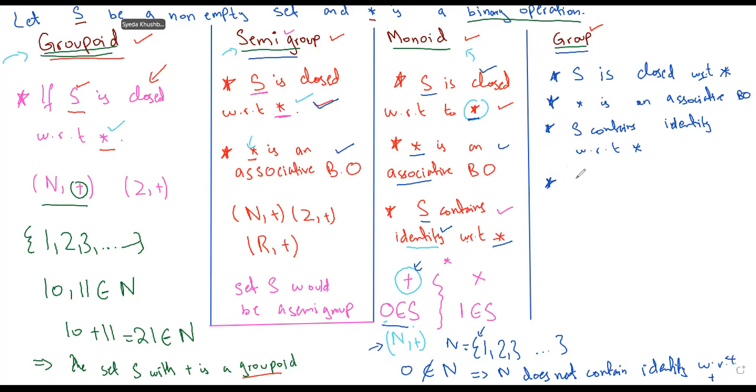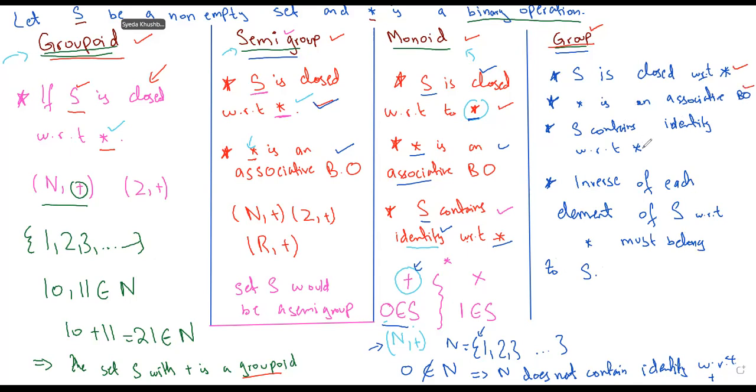inverse of each element of S with respect to star must belong to S. Now again, for a set to be a group, what we need to have is that S is closed with respect to star. Star is an associative binary operation.